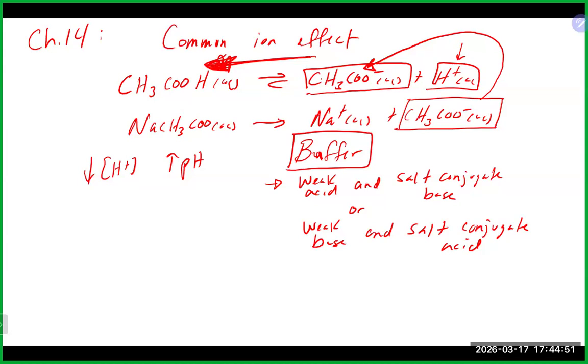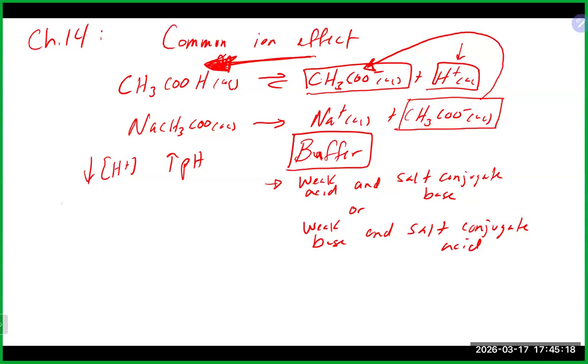And it's really important, as we talked about in terms of the function of a buffer, that both of those things have to actually be in the solution to begin with in order for it to behave as a buffer. This is also why, as we talked about, you cannot have a buffer that's made up of either a strong acid or a strong base. If you see a strong acid or a strong base, that eliminates the chance of it being a buffer.